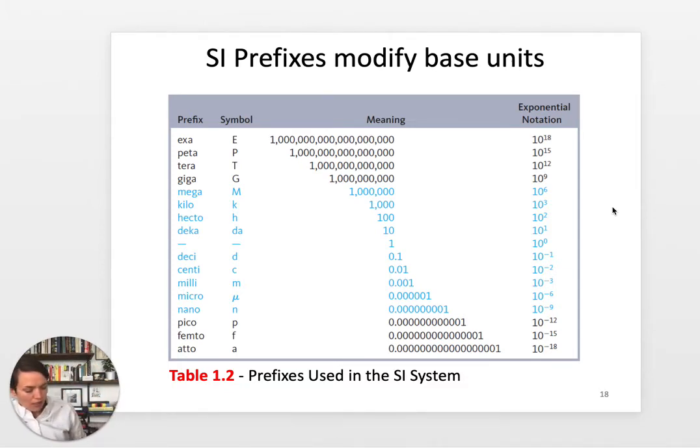So like I just said, the most important thing to keep in mind is that all of these prefixes are modifying our base unit.